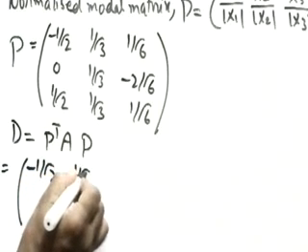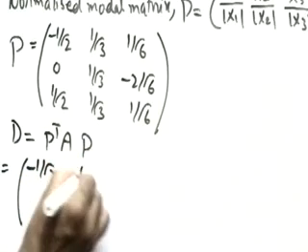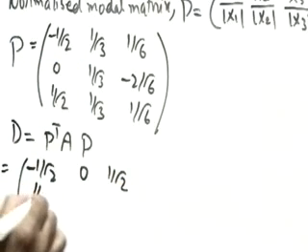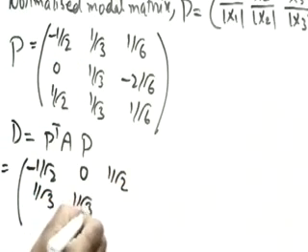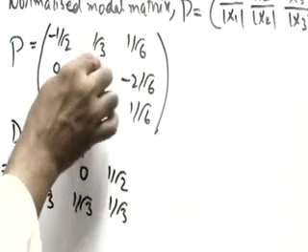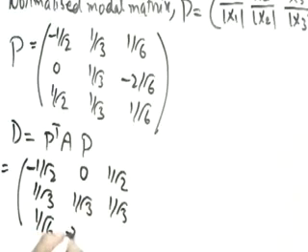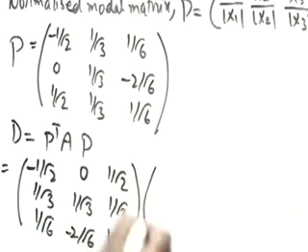So this will be minus 1 by root 2, 0, 1 by root 2. Transpose of this: 1 by root 3, 1 by root 3, 1 by root 3. We change the column to row. Then 1 by root 6, minus 2 by root 6, 1 by root 6. This is P transpose. Now into A.